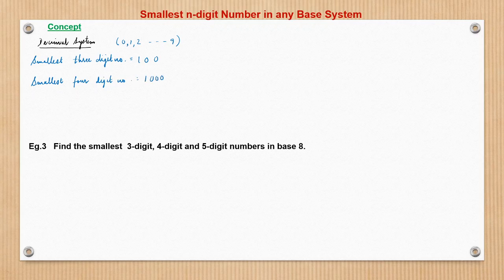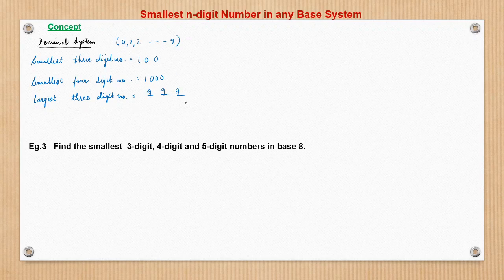Very simple concept. Now if we have to find the largest 3-digit number, what would it be? For the number to be largest, there are three places, and all the places should contain the largest permissible digit, which is 9.